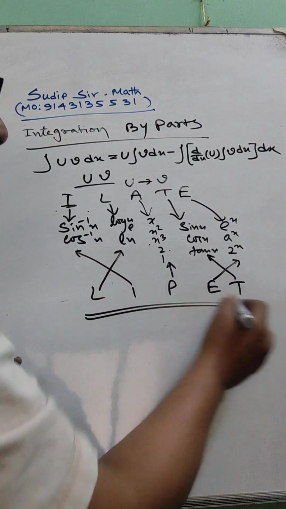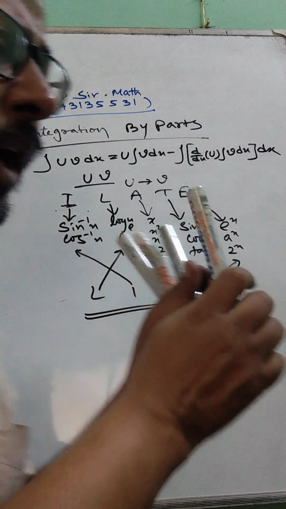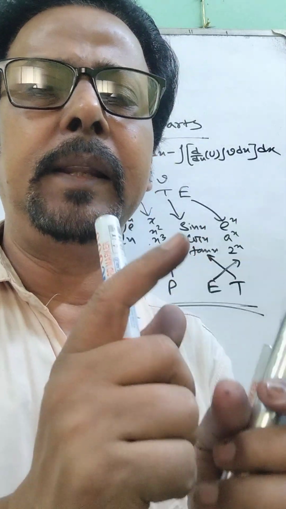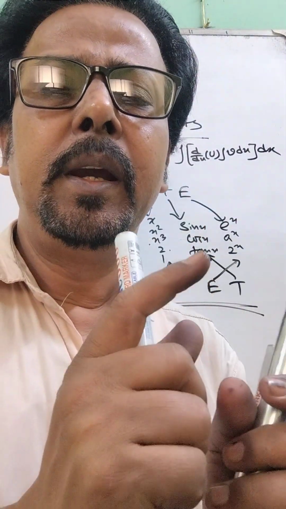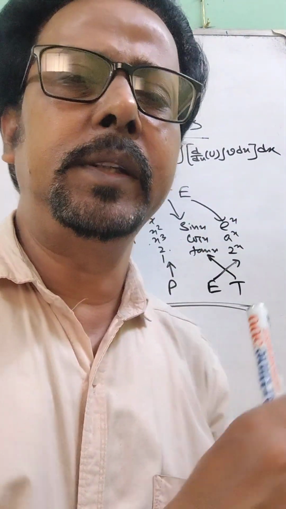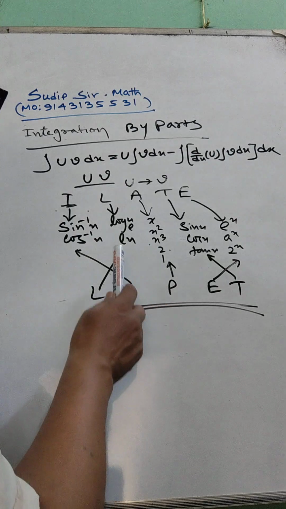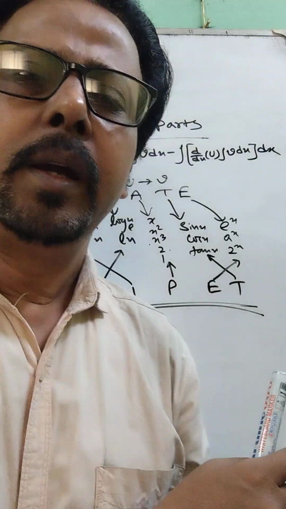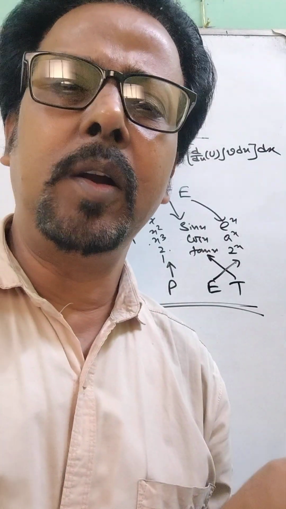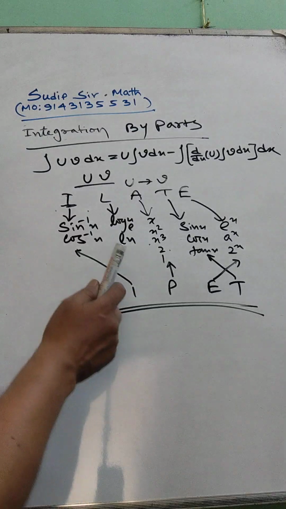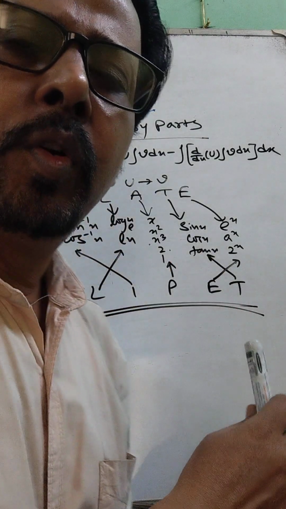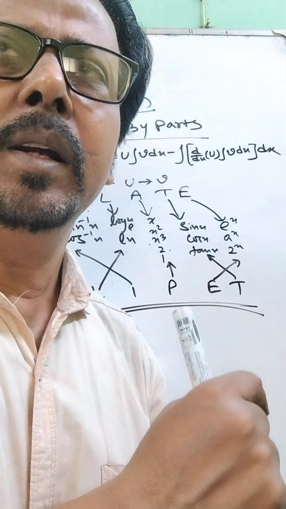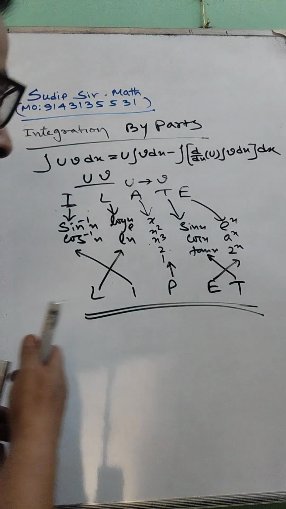This will also be the same, because if T and E are there, you can interchange inverse and logarithm. That's why you can remember ILATE or LIATE to check which will be U and which will be V.